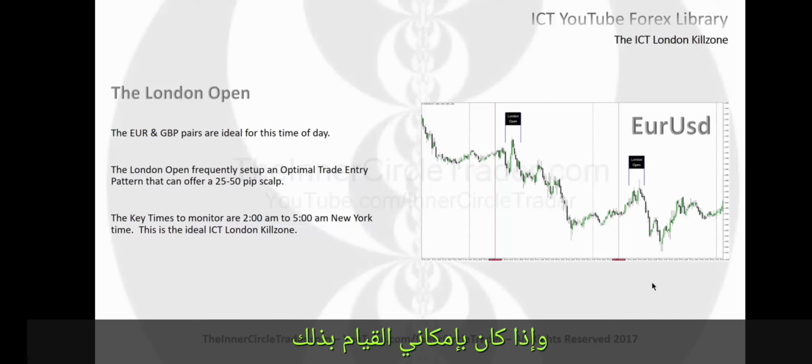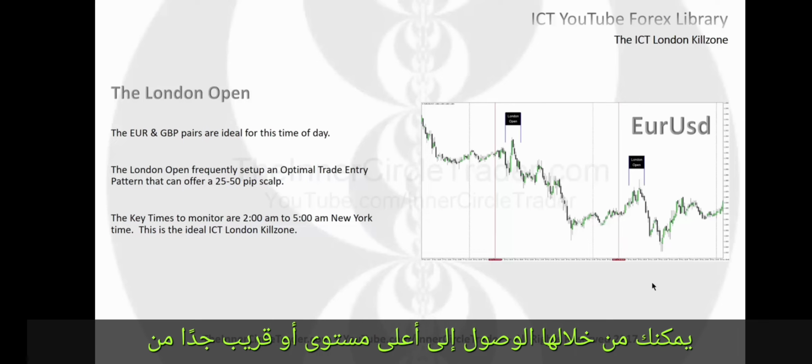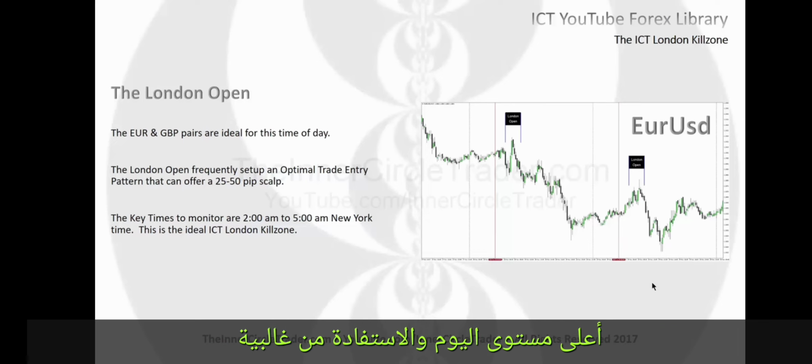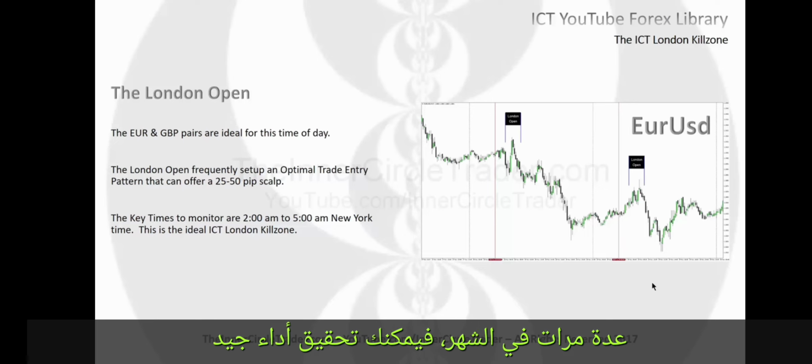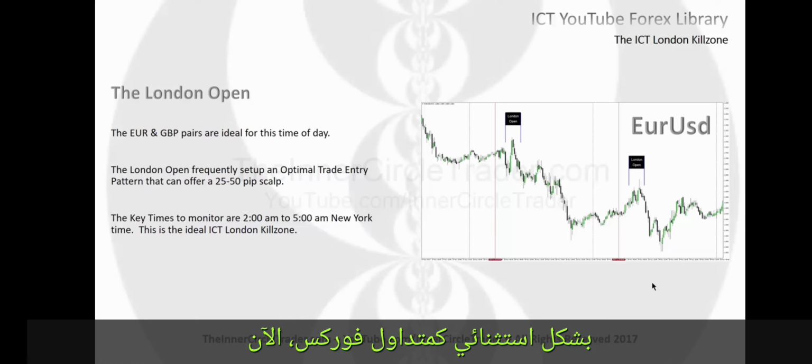And if I can do that with a reasonable measure of accuracy or consistency, just imagine if you could get 3 to 4 opportunities where you can get the high or very close to the high of the day and ride the majority of the daily range. If you could do that a few times a month, you could do exceptionally well as an FX trader.